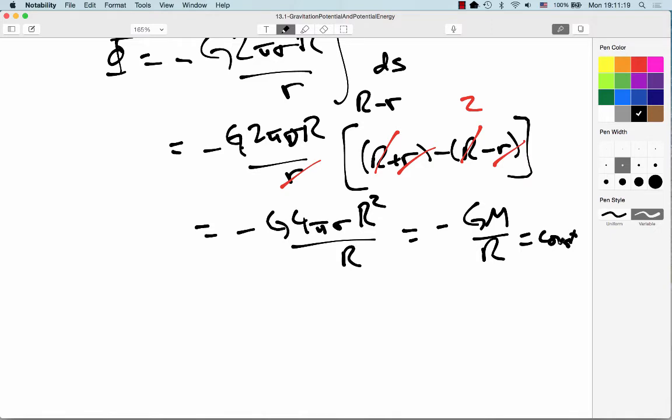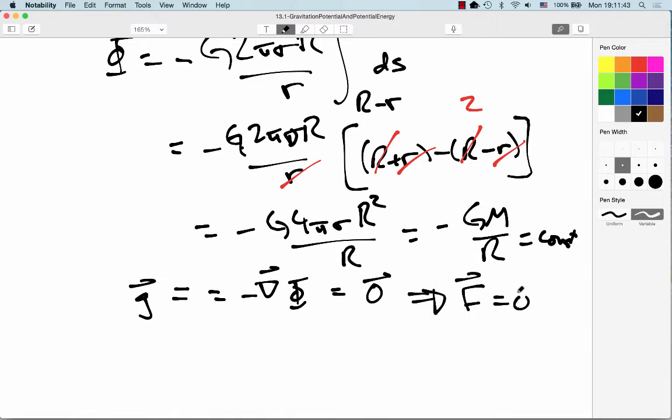It's also exactly what you expect because that would be the potential at the boundary of the sphere. So the gravitational field intensity is minus grad phi, which is 0 because we're differentiating a constant. So the gravitational force is 0 as before.